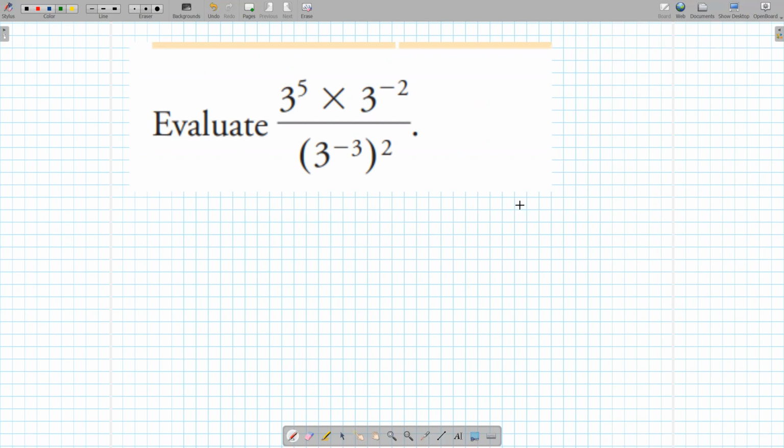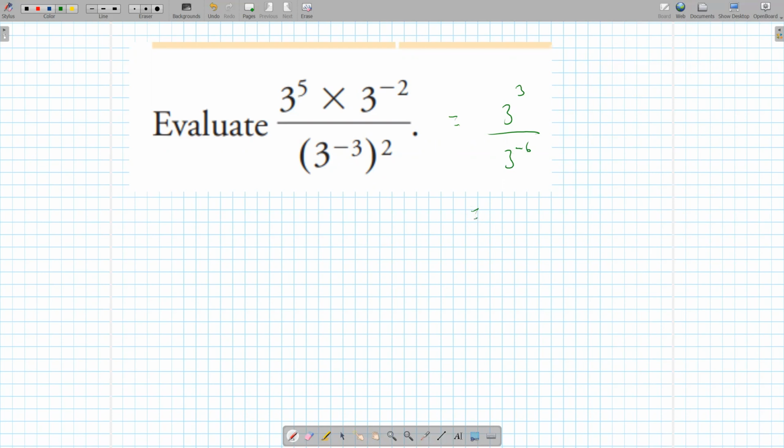For the first one, do you just subtract the exponents? Yes, you just subtract, or you add it, right? So you just get a 3. What about the bottom? You multiply the 2. Correct. So that becomes 3 to the negative 6.